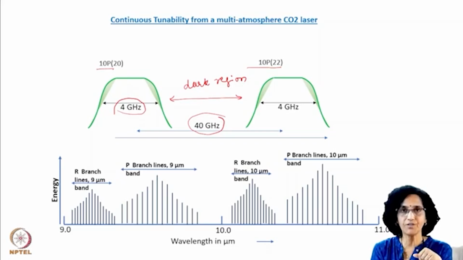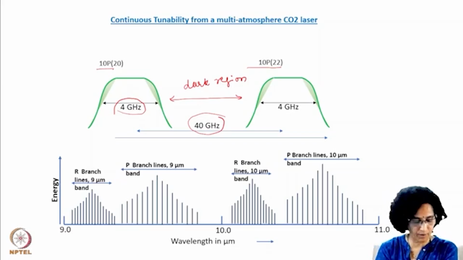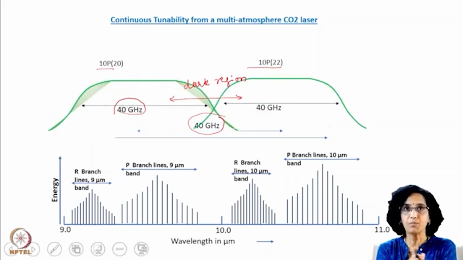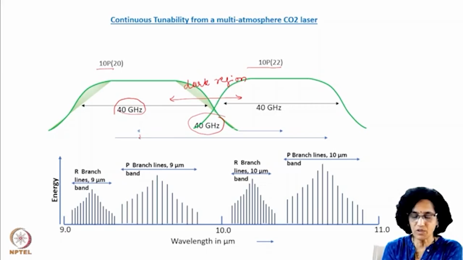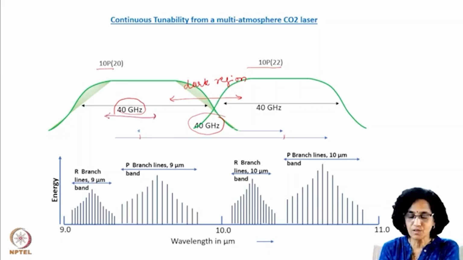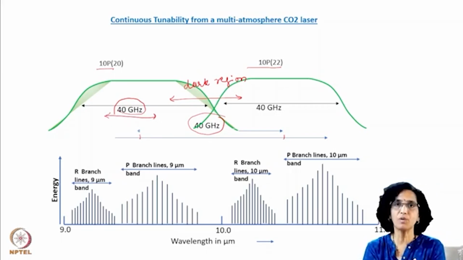But we know the trick that as we are increasing the pressure, we are increasing the broadening, right? Suppose we go to 10 atmospheres. At 10 atmospheres, the broadening on an individual line can be as large as 40 gigahertz, so large that the broadening of one coincides with the broadening of the other.